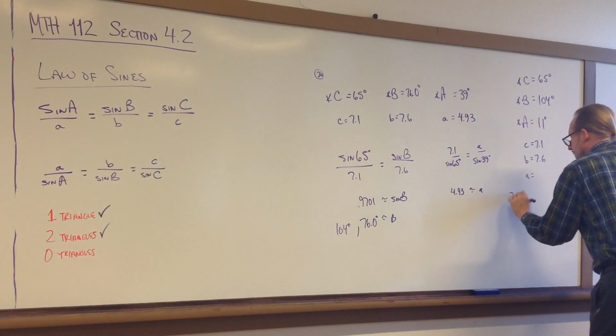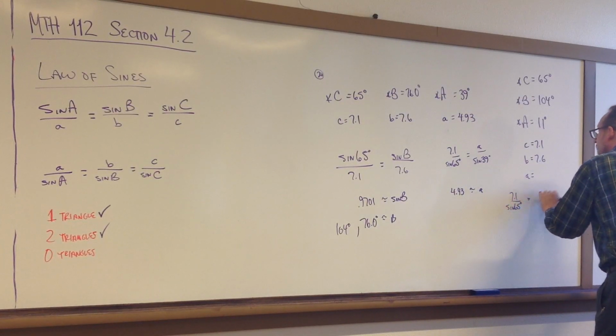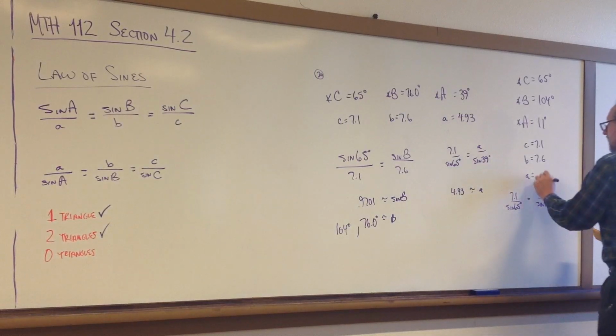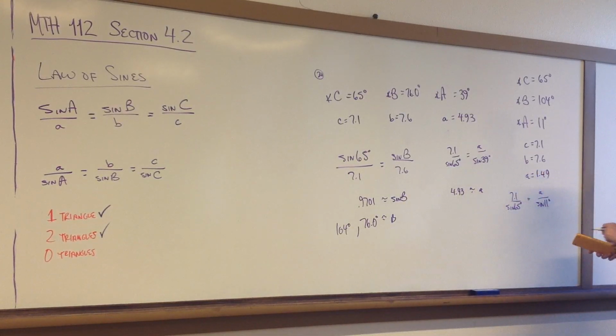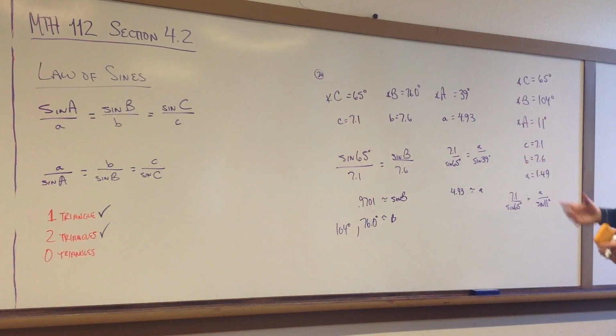Over here, 7.1 over the sine of 65 is A over the sine of 11 degrees. Sine 65 times the sine of 11, 1.49 for the length of A. Okay, and that works. A is the shortest side and the smallest angle in both triangles.